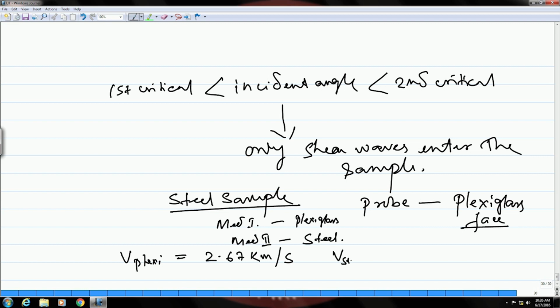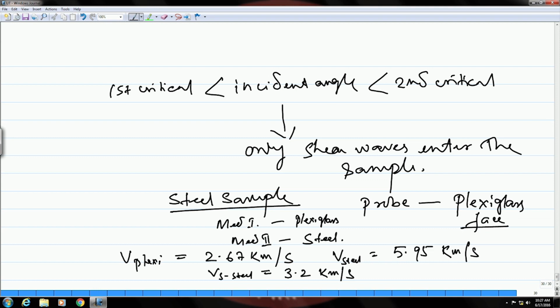Velocity of the longitudinal waves in steel is around 6 or 5.95 kilometer per second, and the velocity of shear waves, that is Vs steel, that has to be lower than the longitudinal velocity. So, it is 3.2 kilometer per second. Okay.